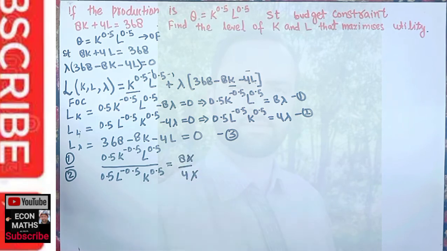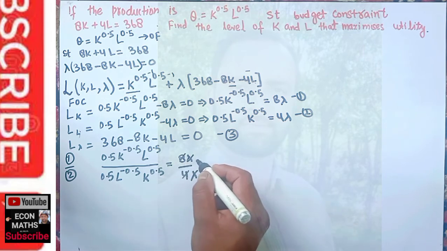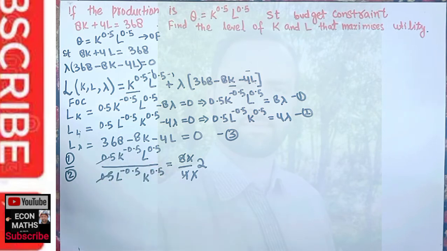Lambda will get cancelled. 4 ones are 4, 4 twos are 8, so we get here 2. Here 0.5 will get cancelled.